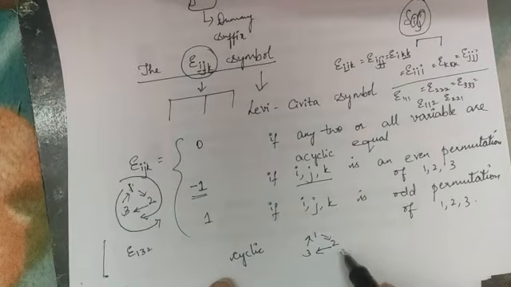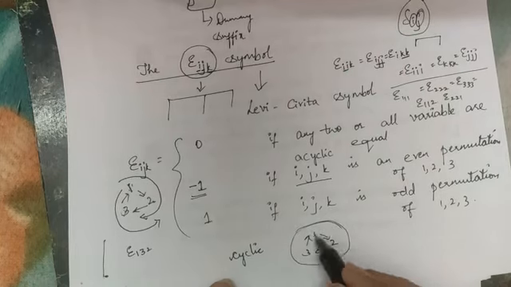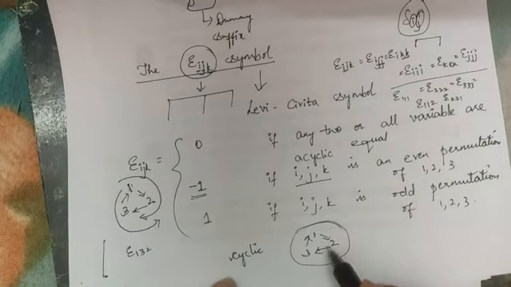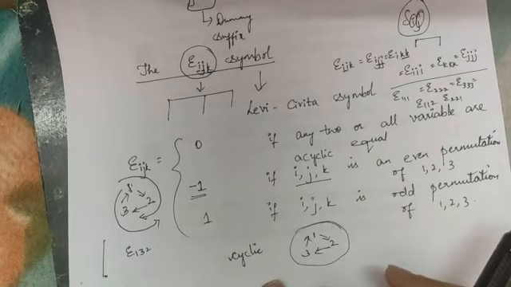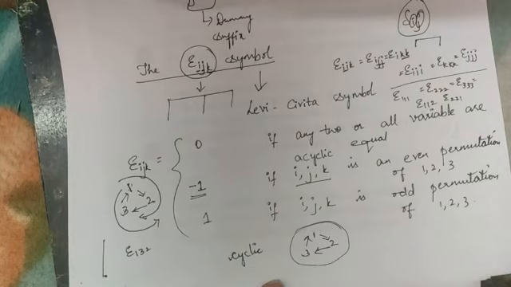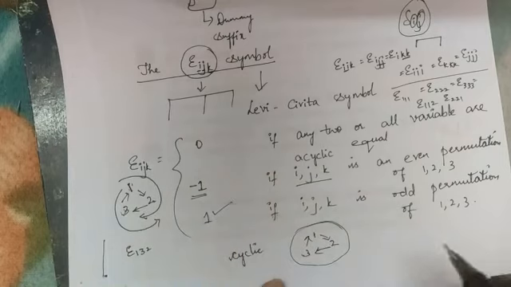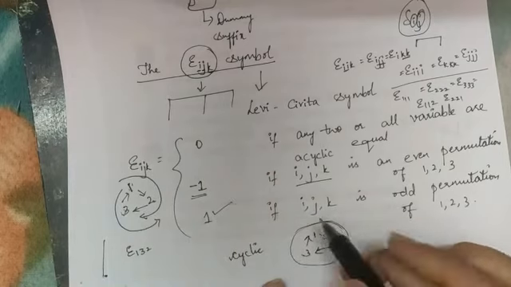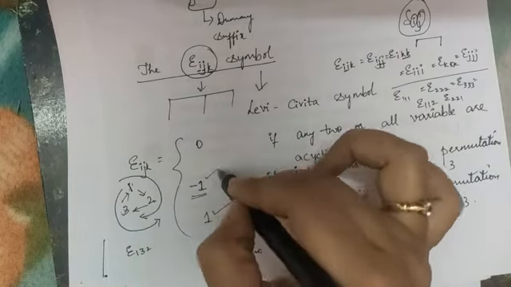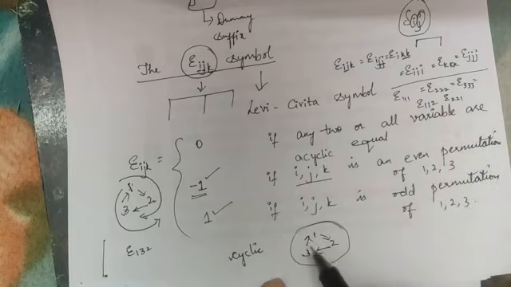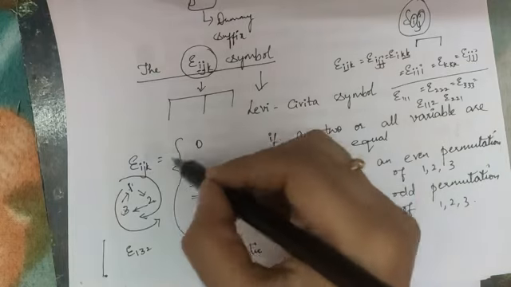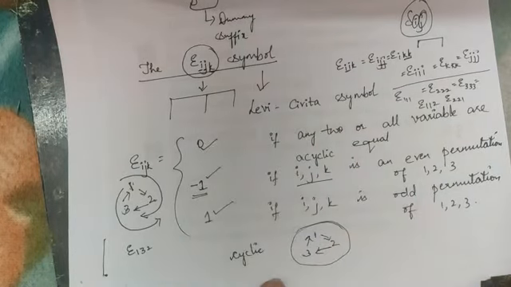This is in cyclic manner. So if ijk are in cyclic manner, your epsilon ijk takes the value 1. If this is in acyclic manner, your epsilon ijk takes -1. If any two or more variables are equal, your epsilon ijk takes the value 0.